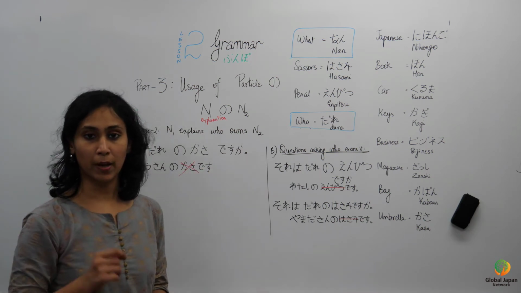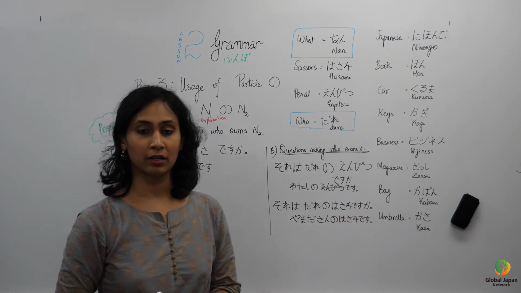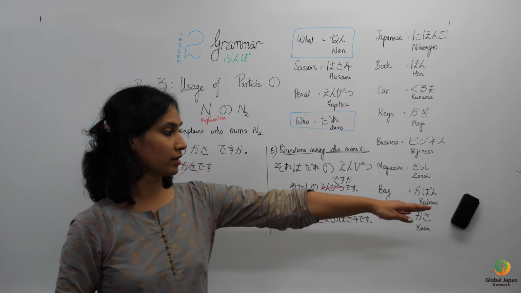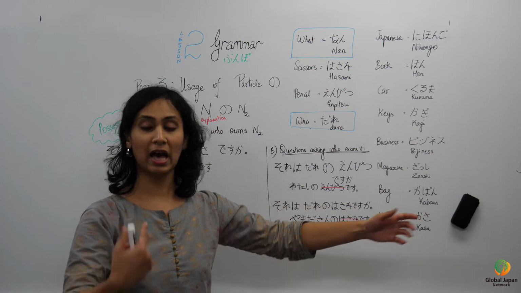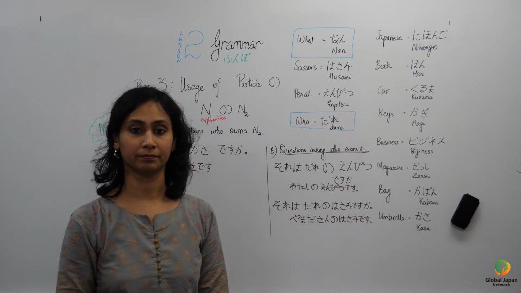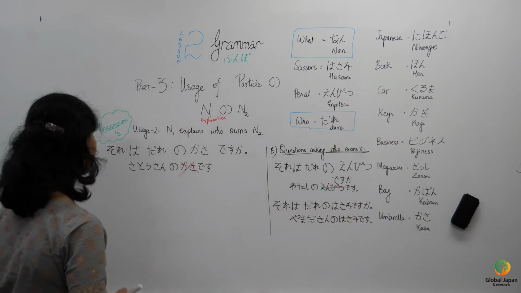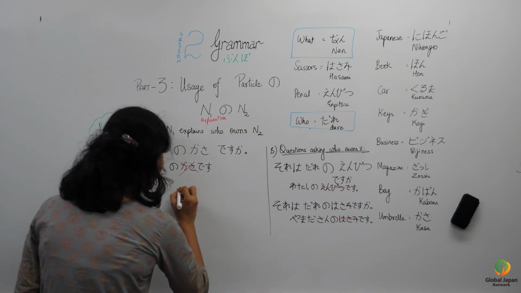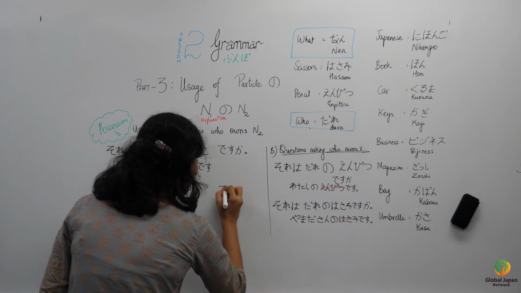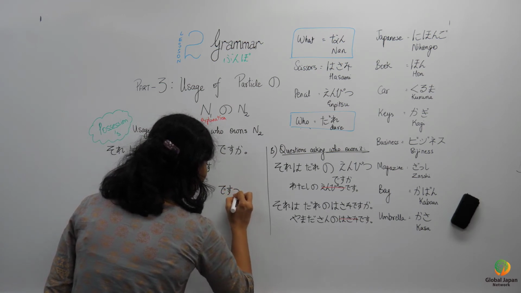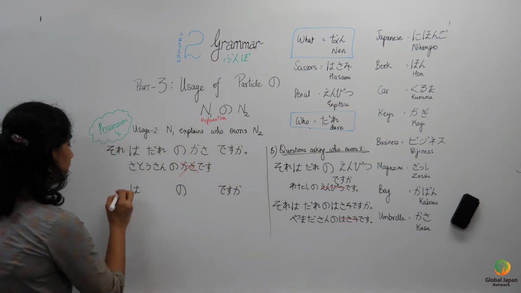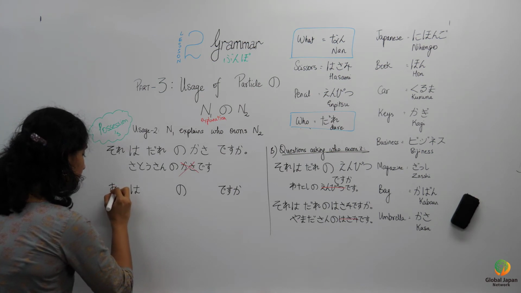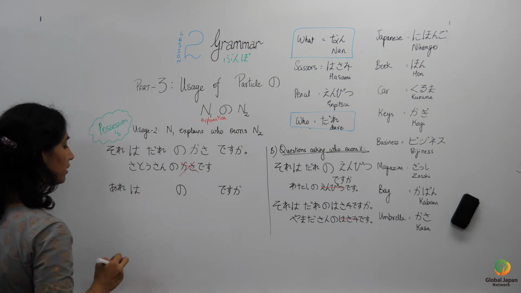Next object, bag. And the bag is far away from you and also from me. Try framing out the question. The demonstrative used is are.